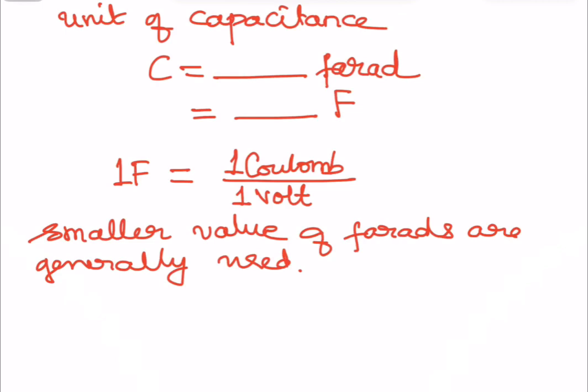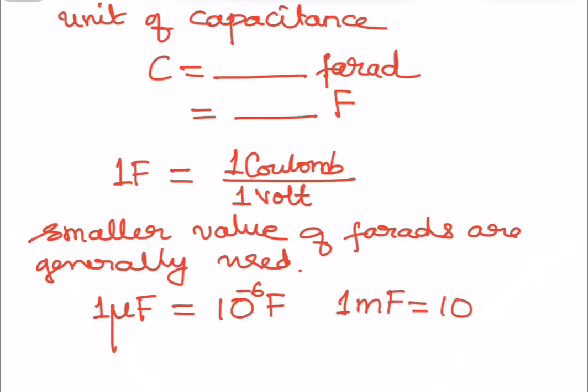What are they? 1 microfarad. Micro stands for 10 to the power of minus 6. In numericals, whenever you get 1 microfarad, the micro has to be substituted by 10 to the power of minus 6 farad. 1 millifarad is 10 to the power of minus 3 farads.